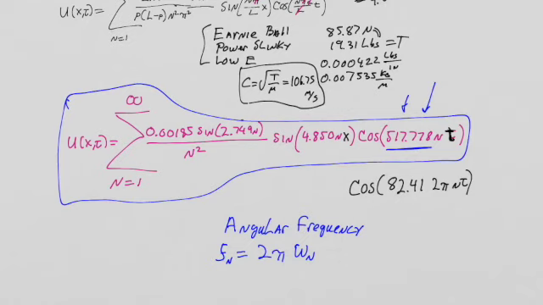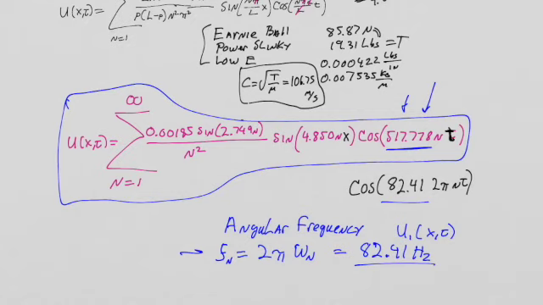And so if you set n equal to 1, the real frequency of the U1 solution for x and t is going to be 82.41 hertz, right?